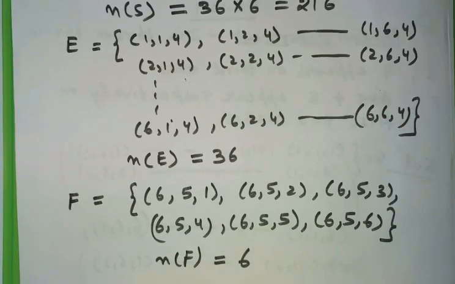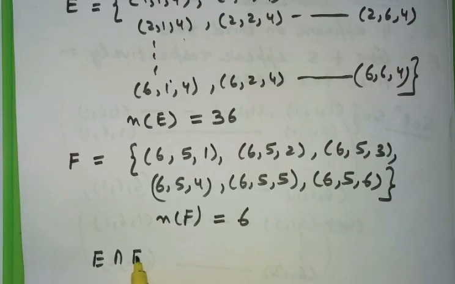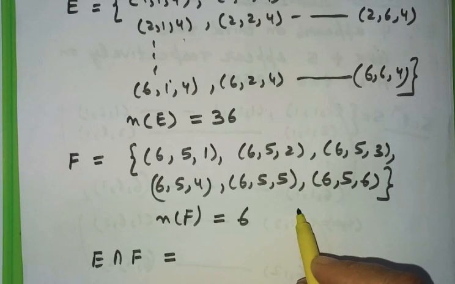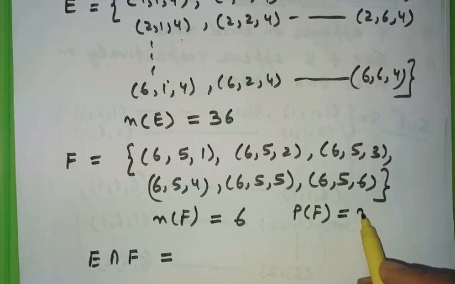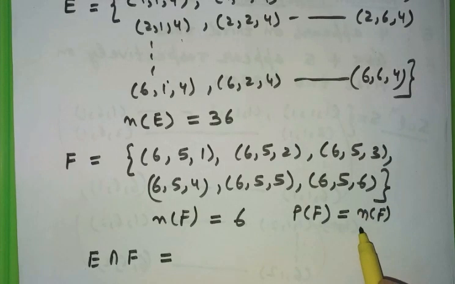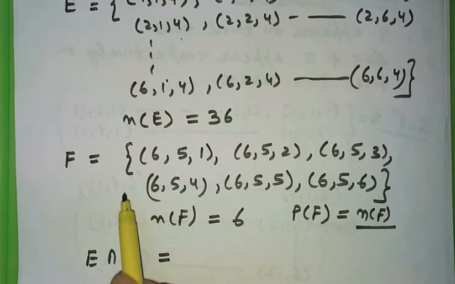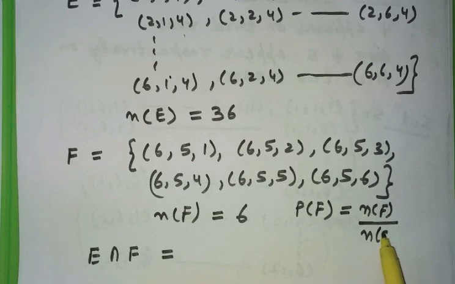So now we have to calculate P(E|F). That means I should find out the set E intersection F also. Can you tell me here what is the probability of F? Probability of F is the number of elements in F, the cases which are favorable to the occurrence of F, divided by total number of elements of sample space.